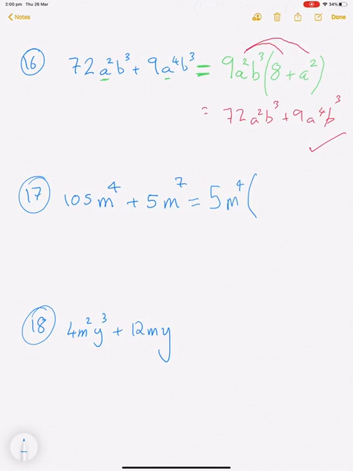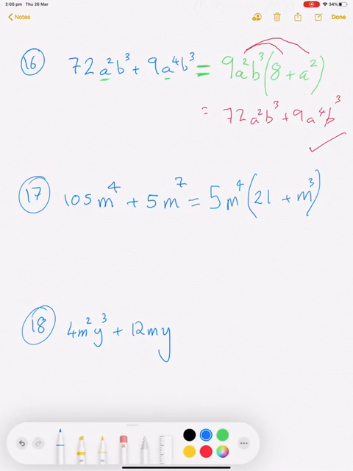Well, there's 20 5s in 100, so in 105 there's going to be 21. And m to the 4 divided by m to the 4 is just 1. And then we need to get m to the 7. So we're going to have to multiply this by m cubed, because 4 plus 3 is 7.